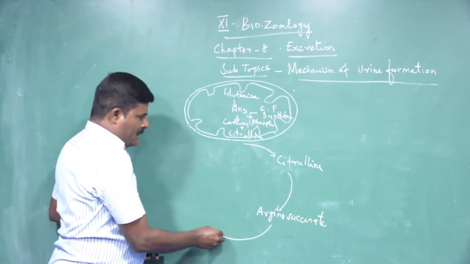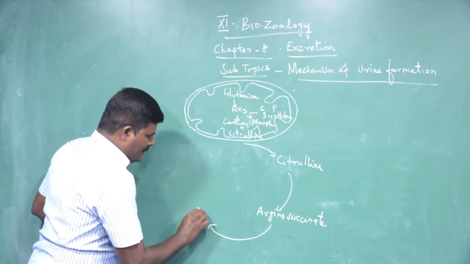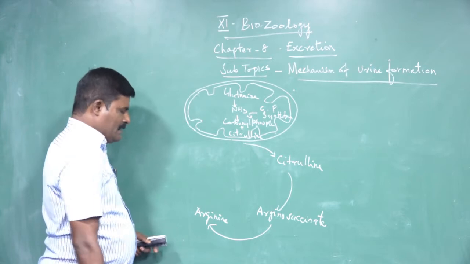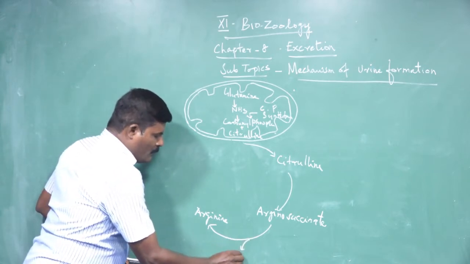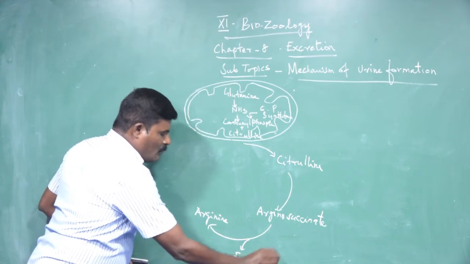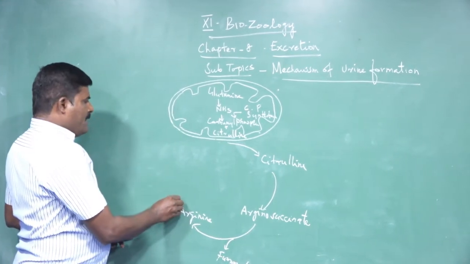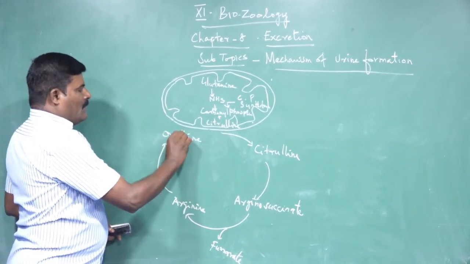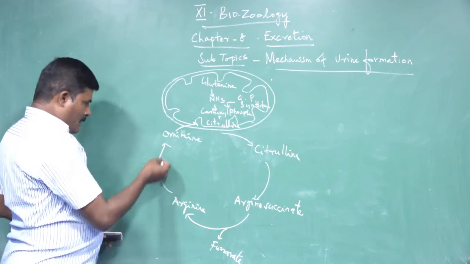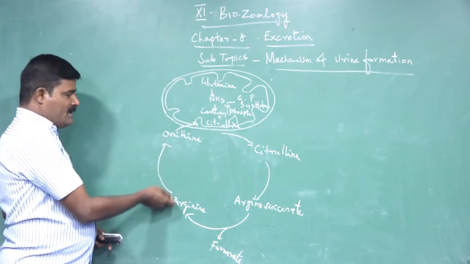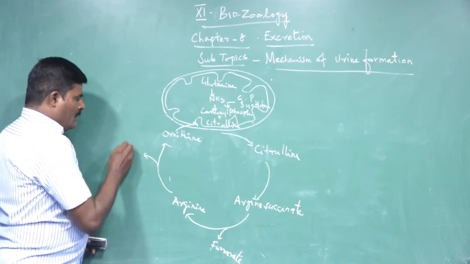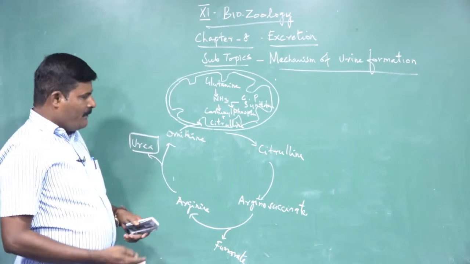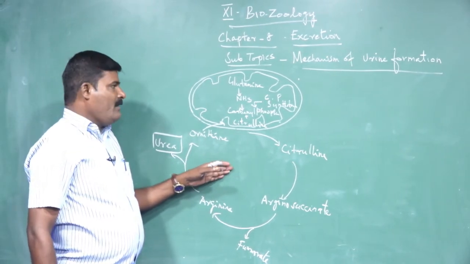Again, arginosuccinate is converted into arginine with the removal of fumarate. Then arginine is converted into ornithine, and here the urea is formed. The urea is removed. So, I repeat this process, the ornithine cycle.